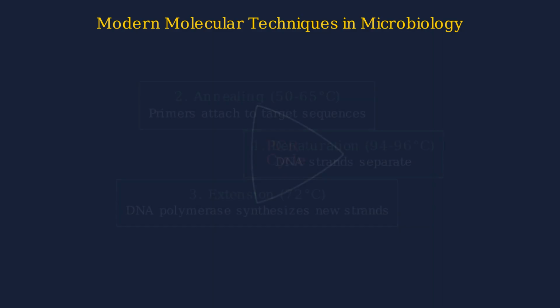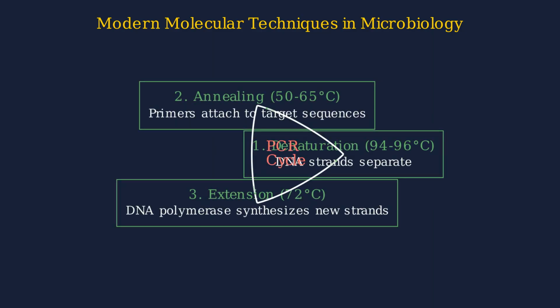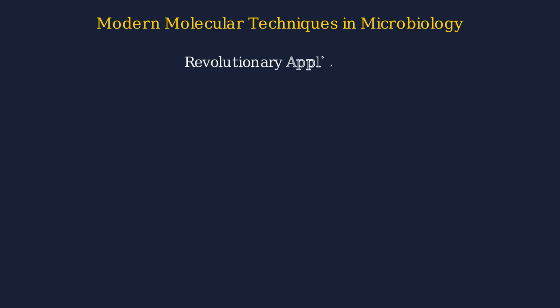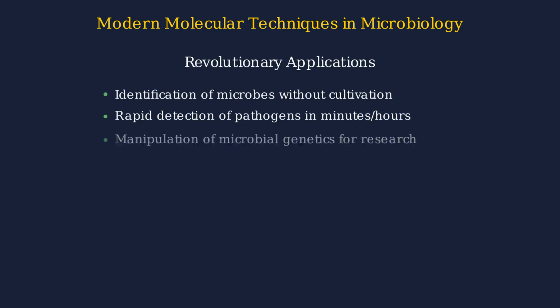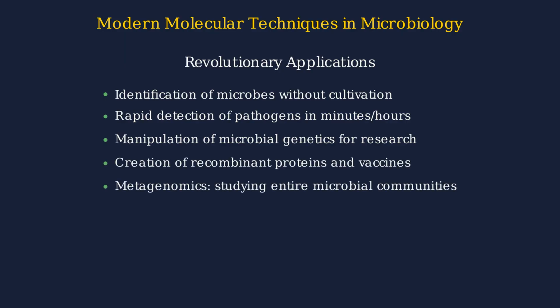PCR works through repeated cycles of temperature changes. First, DNA is denatured at high temperature, then primers attach at lower temperatures, and finally, DNA polymerase extends the new strands. These molecular techniques revolutionized microbiology by enabling identification without cultivation, rapid pathogen detection, and manipulation of microbial genetics.